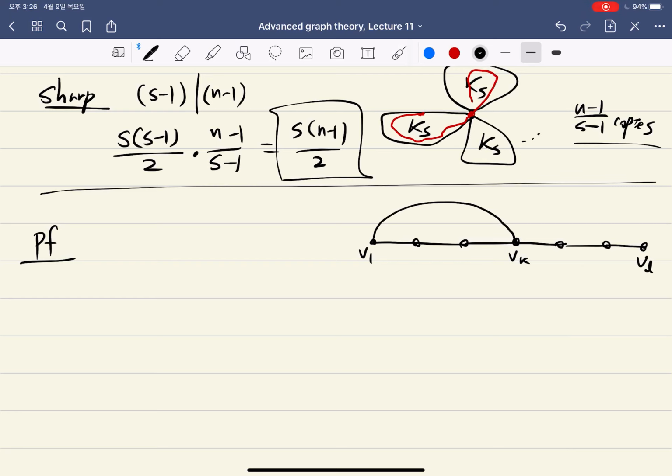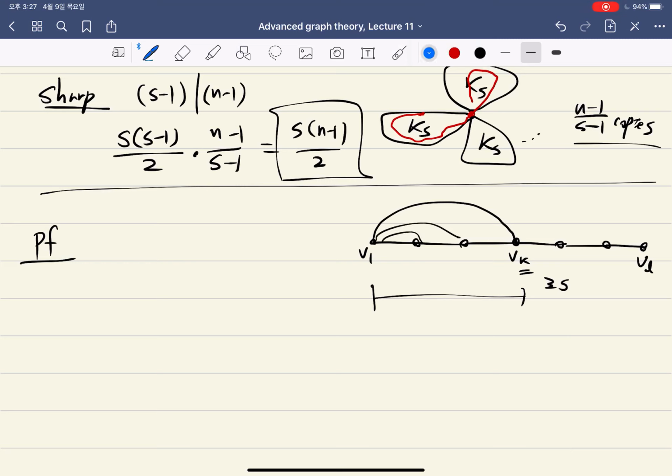And what can we know? If this k is bigger than s, then we are already done. This already gives us a cycle of length L, which is s plus 1. So most of the neighbors of p1 are on the first part. So most of the neighbors are here.